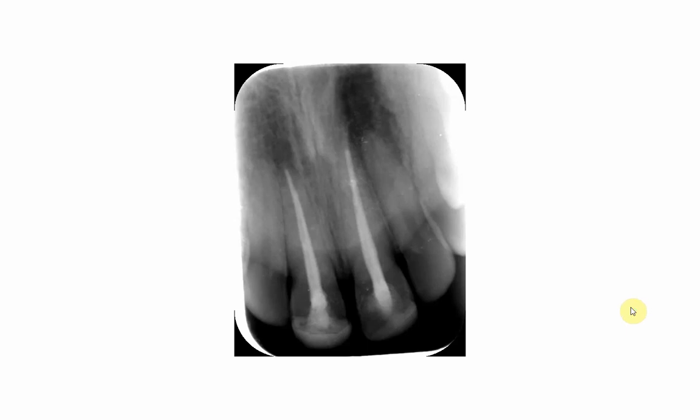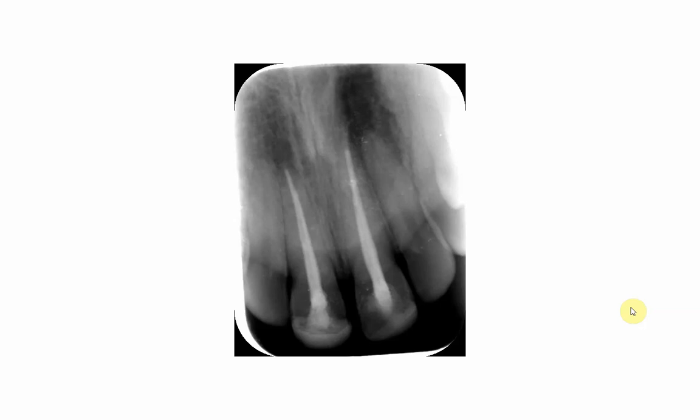And in this video graph you will see a common error that is often done when the positioning of the cone in a vertical direction, what we call the vertical angulation, is incorrect.